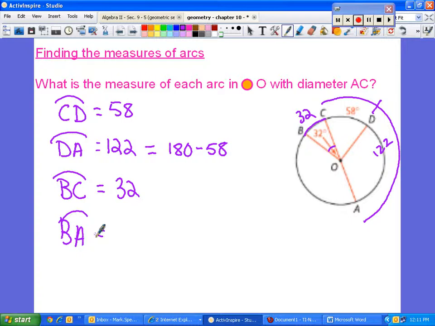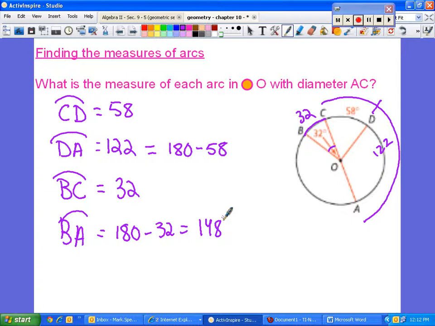Joe, how do we find the measure of arc BA? Kiera, I want you to tell me another way to find this one, knowing what you know.